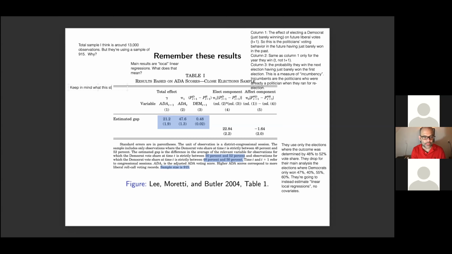Now remember, keep in mind what this study is about. If a Democrat is winning the election just barely, because in such close elections winners are being determined randomly, or smoothness holds, then the coefficient on Democrat has a causal interpretation, not a correlational interpretation.